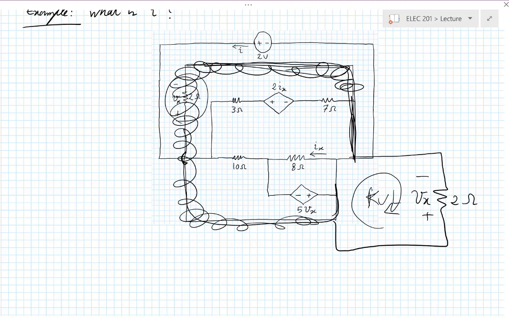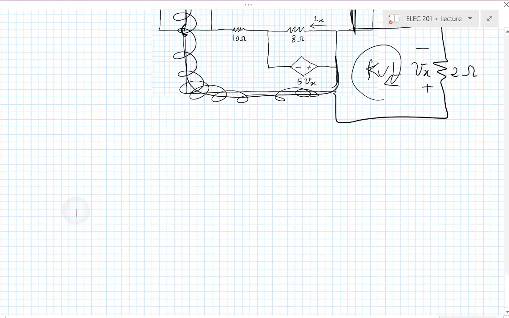There's only one voltage in there. Vx equals 0. So yes, this is a big circuit, but there is a KVL there that is an equation with only one unknown. So that's somewhere very simple to start. If you start with that, you get Vx equals 0 from the KVL.